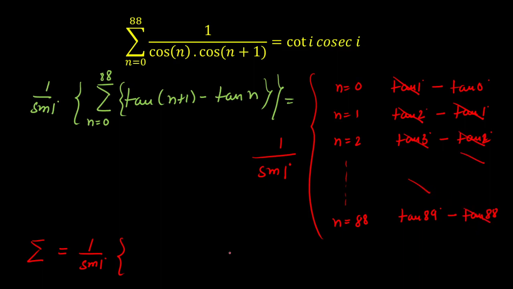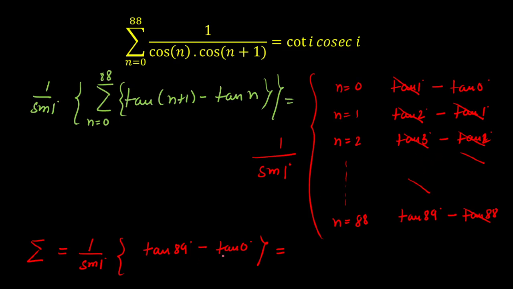The remaining terms are tan 89 degree minus tan of 0 degree. Whenever you see alternate cancellation of positive and negative terms, this kind of series is known as a telescoping series.